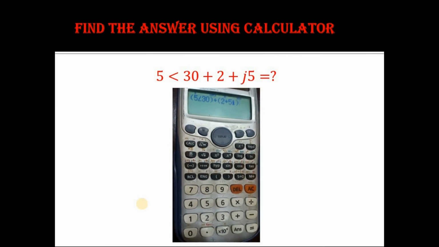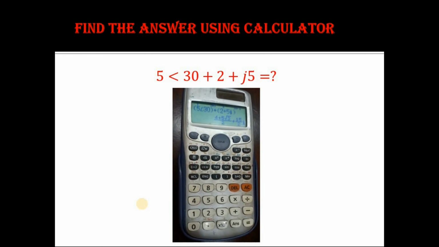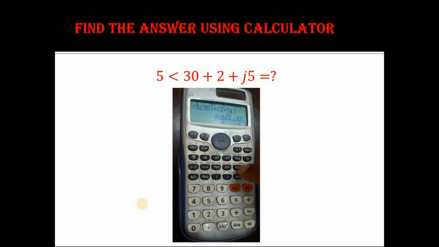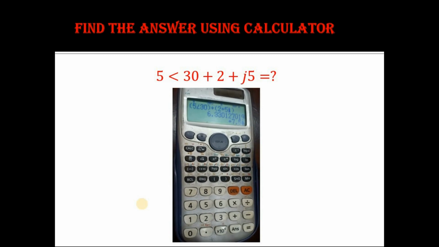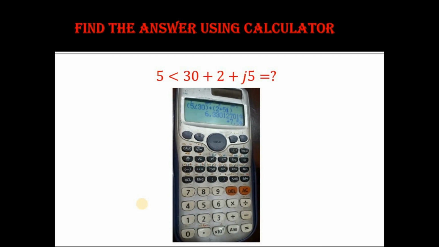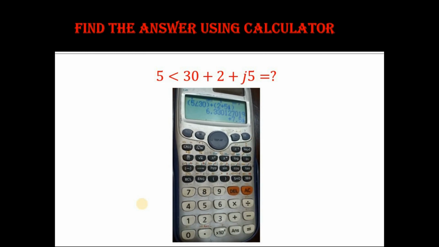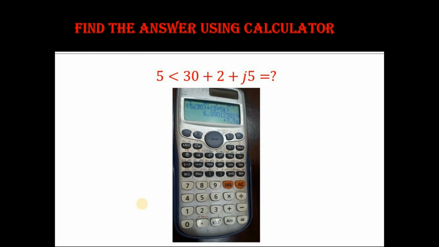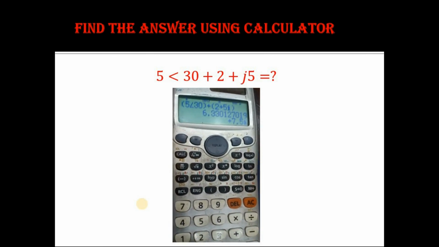Close the bracket. Then press equal to. So in decimal form we want the answer. So press S2D. So answer is 6.33 plus j7.5. So here instead of j it is displayed as i. So 6.33 plus 7.5i is in the display.